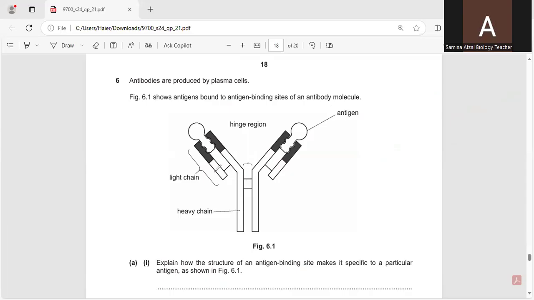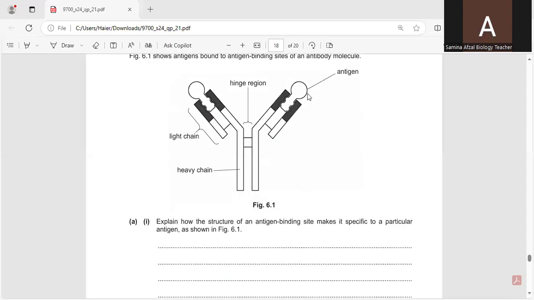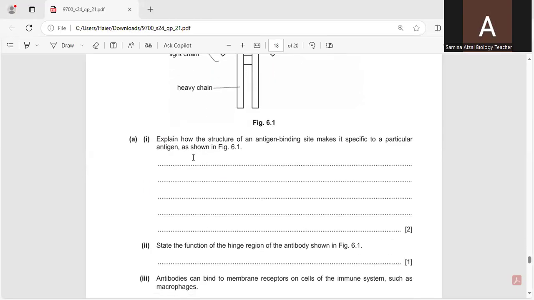Two light chains and two heavy chains are there. This is the structure of antibodies, and there is a place where the antigens attach themselves, and there is a hinge region in the center. So explain how the structure of an antigen binding site makes it specific to a particular antigen shown in figure 6.1.